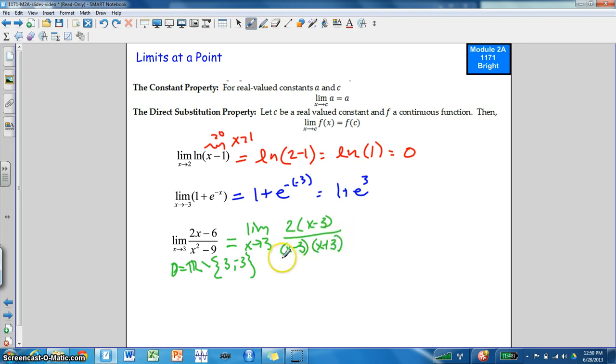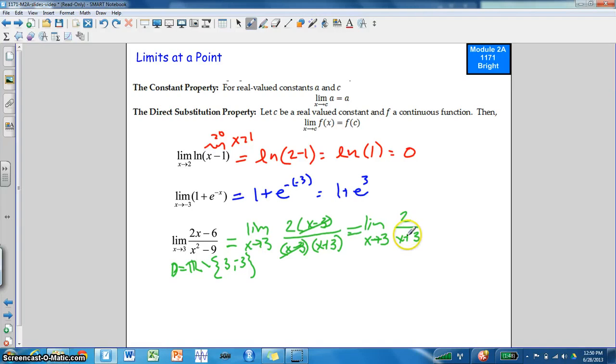These factors can cancel, and so I can write this as the limit as x approaches 3 of 2 over x plus 3. Remember, when we do this cancellation in a rational function, that creates a hole in the graph. And a nice thing about a limit, like I said in our previous videos, is it gets ever closer to that value, but it does not attain that value.